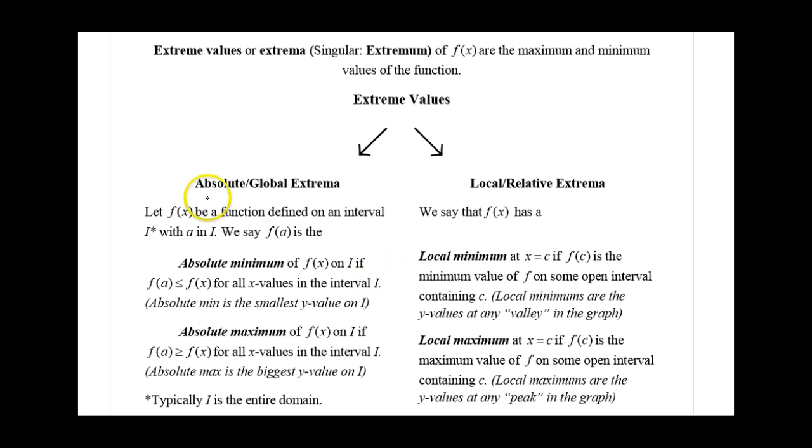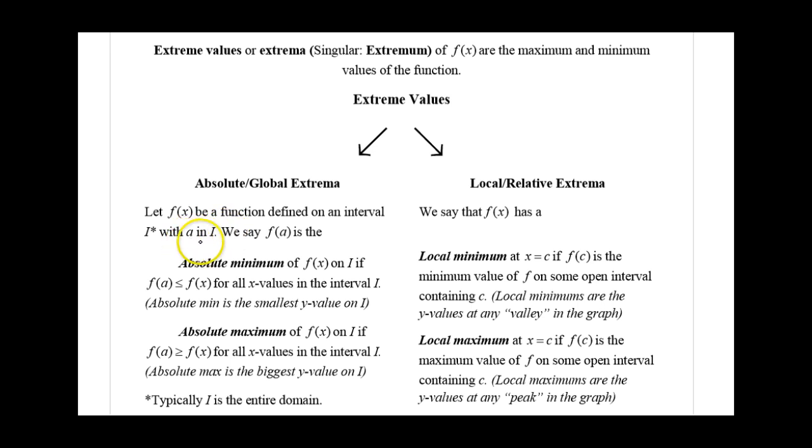Here's what we're really saying. So we need some function f, and we need to take a look at that function on some interval I. Now there's an asterisk here. Typically, I is the entire domain of the function. So we're looking at the function either on a smaller interval or the whole domain.